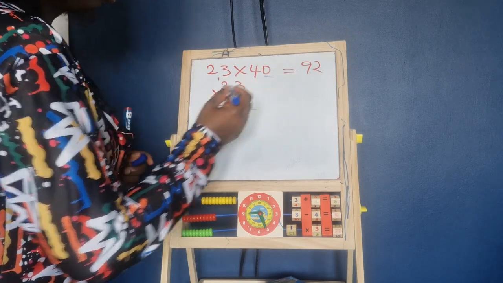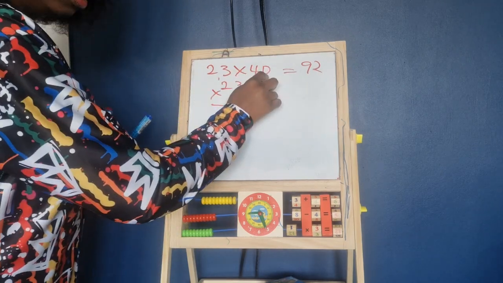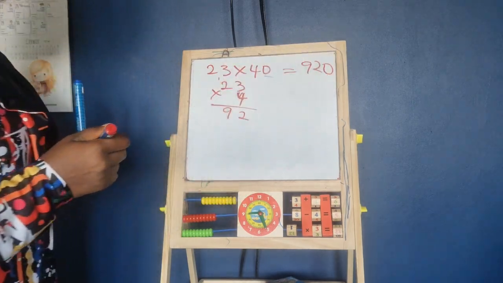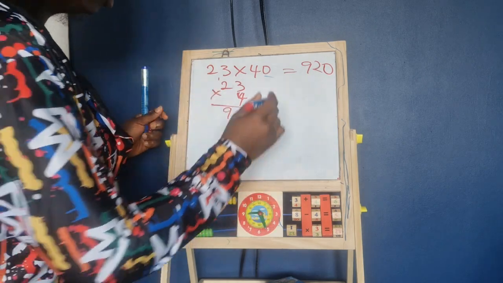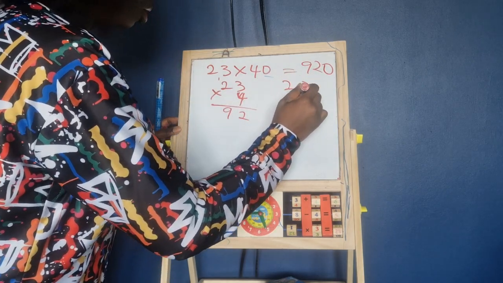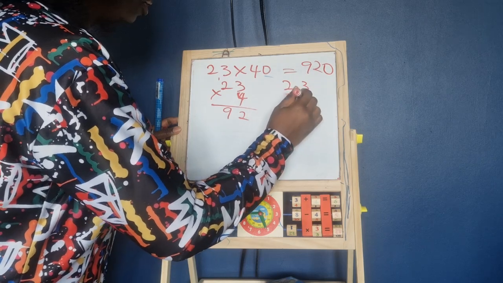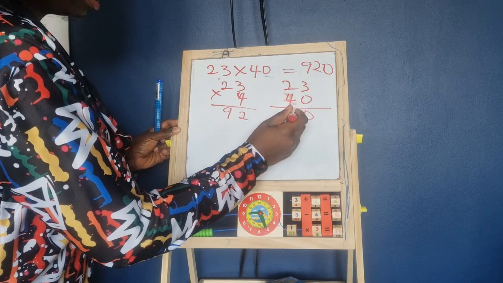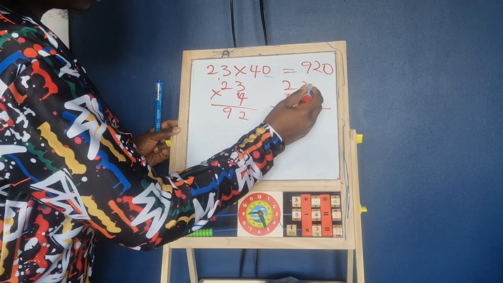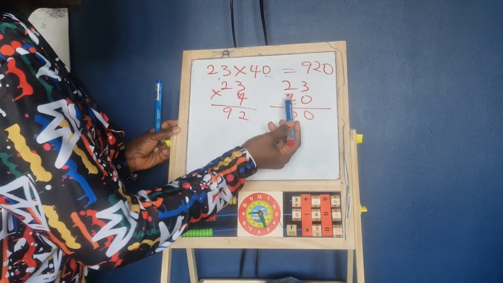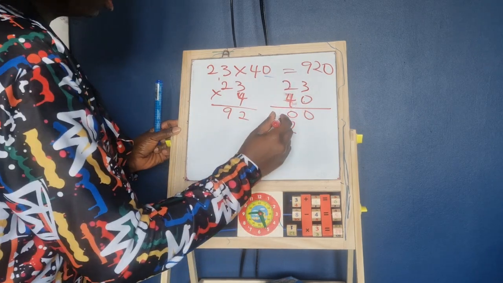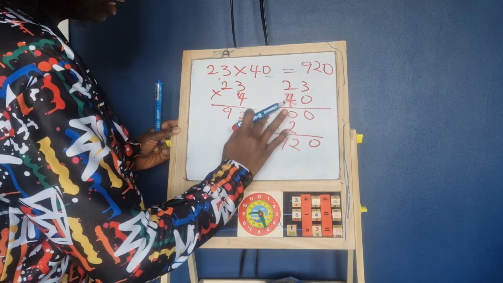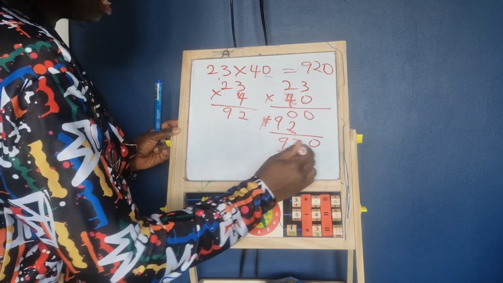But if you use this method to multiply, if you keep the 0 while multiplying, make sure once you are done multiplying, you add the 0 at the back. To avoid confusion, just say 23 times 40, and solve like this: 0 times 3, 0, 0 times 2, 0, then 4 times 3, 12, keep the 1, 4 times 2, 8 plus 1, 9, so that you have 920 as the answer.